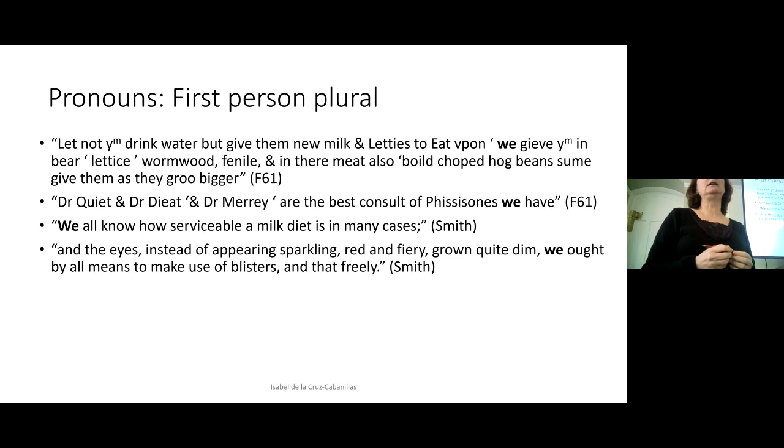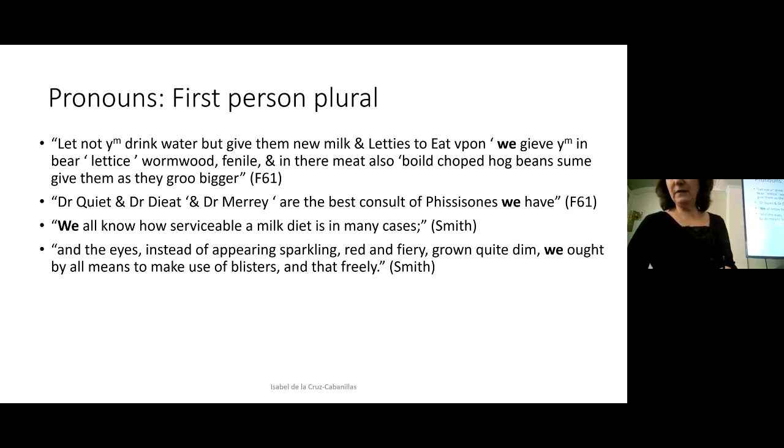You know that recipes were shared with family members, acquaintances, neighbors. So probably this we calls for the community. It could be just a family, but maybe it's a way of making the community involved in these.